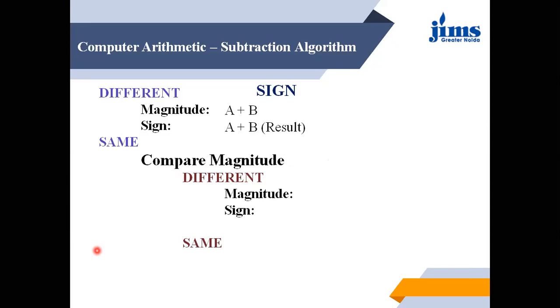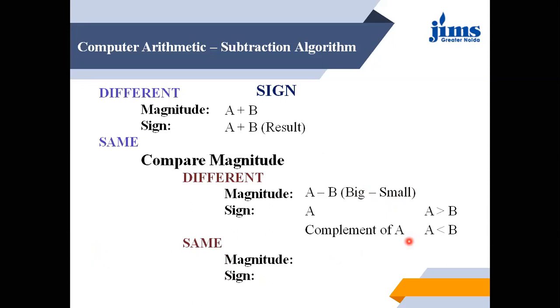When the magnitude is different, then the result is going to be found by A minus B. That is, we have to subtract the magnitude of the smaller number from the bigger one, and the sign is equal to A if A is greater than B, and it will be the complement of A if A is less than B. And if the magnitude of both the numbers is the same, then the magnitude will be 0, that is A minus B, and the sign will be positive.